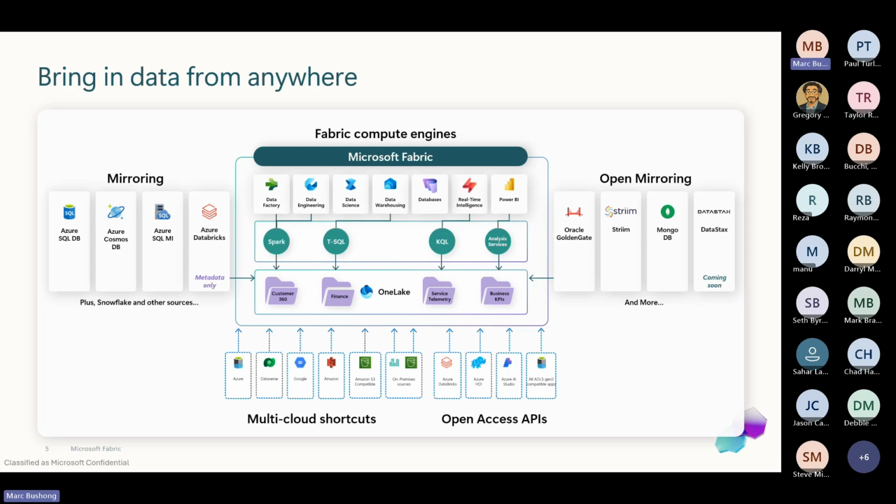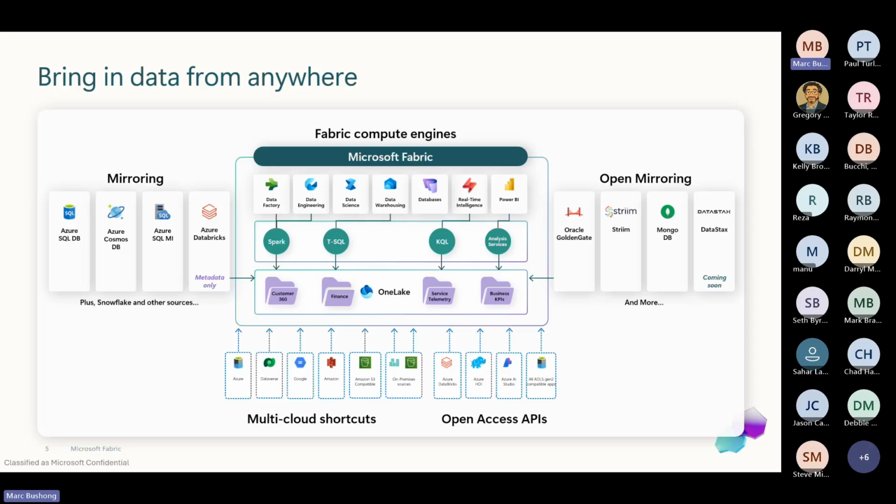So why do I bring this up? The reason is because Fabric data agents, which we're going to get to, have the ability to work off of things inside of Fabric, such as lakehouses, warehouses, semantic models, KQL databases, basically everything up here, because all of that data lives down here in OneLake. Well, what also lives in OneLake?